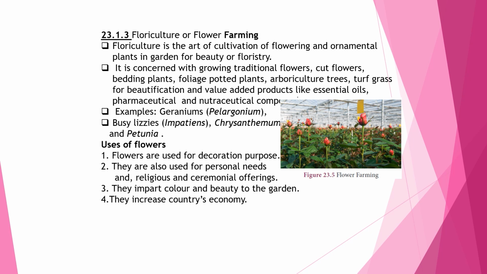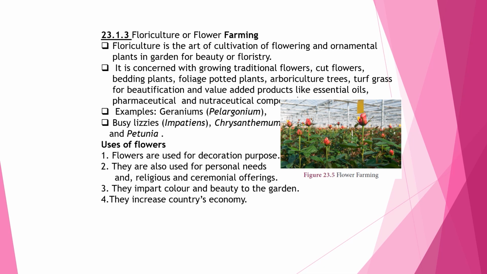And then foliage potted leaf, it is like nursery plants. And then tuft grass, as I said in our school, in front of Bhajan hall, we have grasses laid, that is tuft grass. Examples: geranium, otherwise called pelargonium, then impatiens, balsam plant in Tamil, and chrysanthemum and petunia. Then uses of flowers we have already seen.